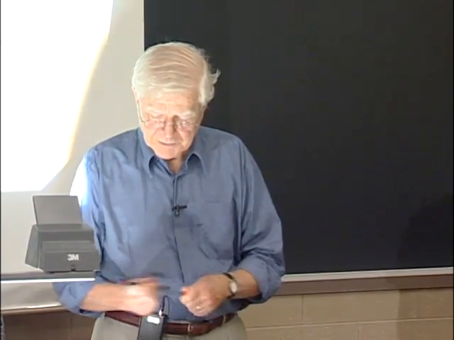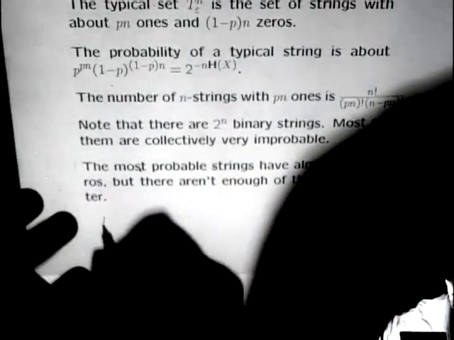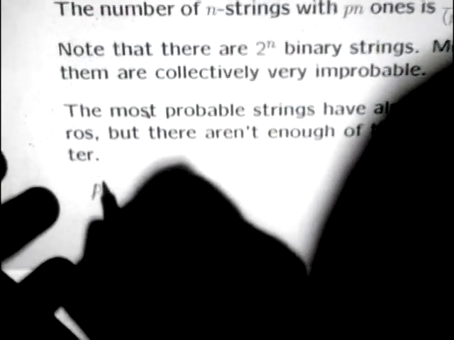The probability of a sequence is P to the I times 1 minus P to the n minus I. And 1 minus P is the probability of a 0, and P is the probability of a 1. How do I choose I to maximize this? Yeah? You make them all zeros. So the most likely sequence is all zeros.